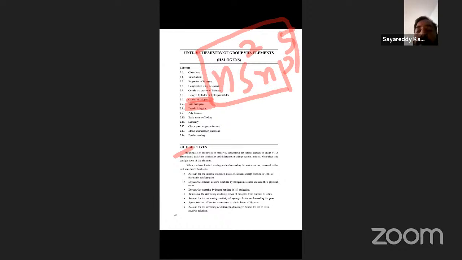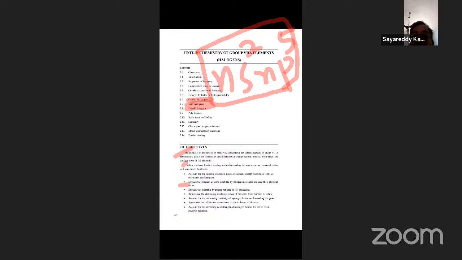Account for the variable oxidation states of the elements except fluorine in terms of electronic configuration, and explain the different colors exhibited by halogen molecules and their physical properties and physical state.